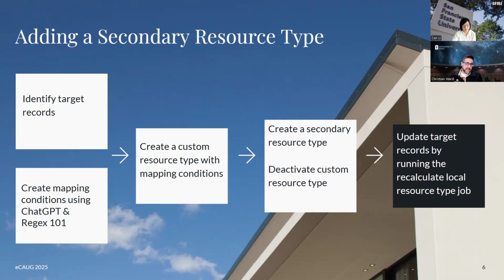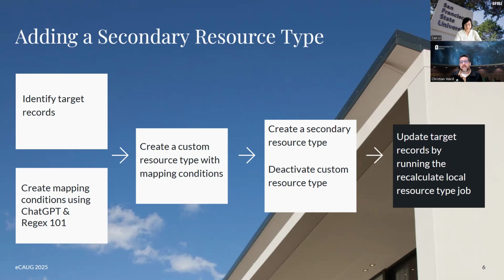Something to note, though, is that we did not want to change the primary resource type of our materials that matched the criteria. We only wanted to add a secondary resource type. We wanted to leave the original type, such as book or journal or any other material type you're selecting for here. So before we update our records, we go back to our custom resource type and we deactivate it so that it does not update those primary resource types.